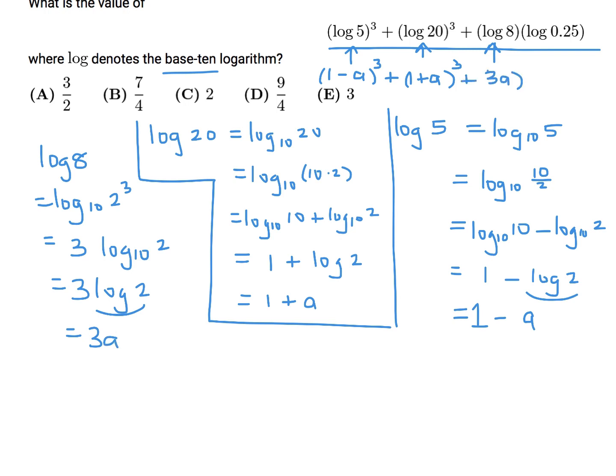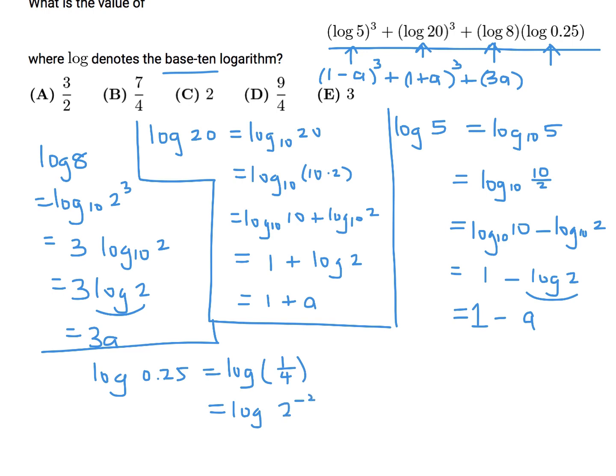And then finally we have the log of 0.25, which is the same as the log of a quarter. A quarter is 2 to the minus 2, so if you put that minus 2 up front, it becomes negative 2 times the log of 2, and that's minus 2A.